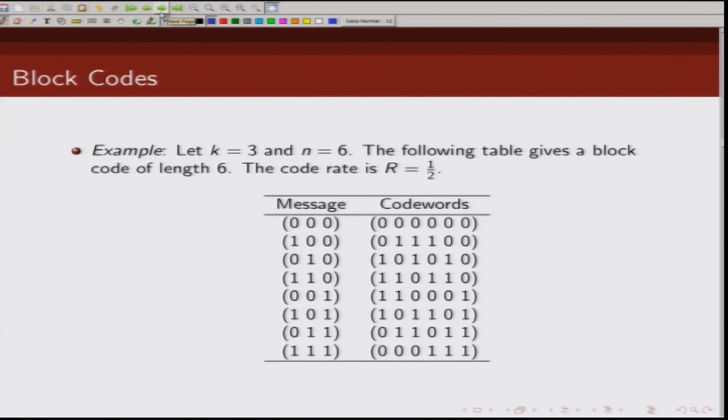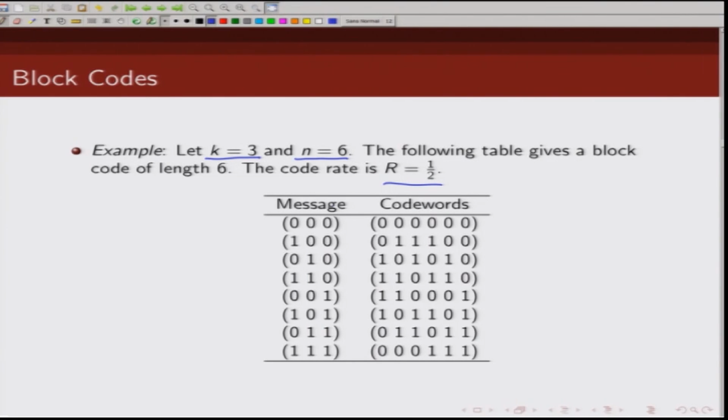So let us consider an example of a linear block code. In this example, the number of information bits k is 3 and the number of coded bits n is 6. So the code rate, which is the ratio of information bits to coded bits, is 3 by 6, which is half. Here we have our message bits.